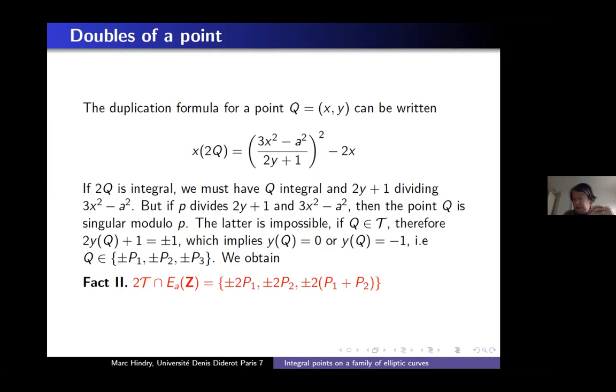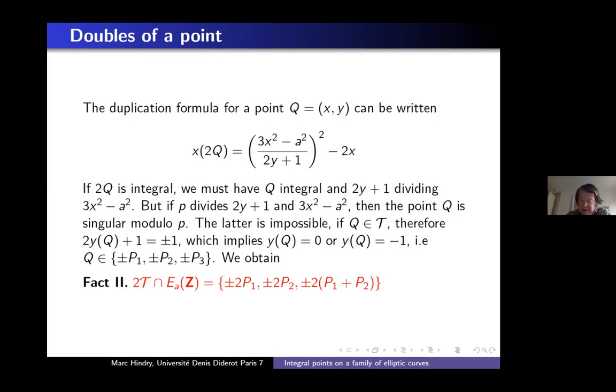But that's not the case. Therefore, there's no prime that divides 2y plus 1, and therefore 2y plus 1 is plus or minus 1, that's elementary. And therefore you get that the y coordinate is 0 or minus 1, so you get the 3 points that you expect. So that's the argument.